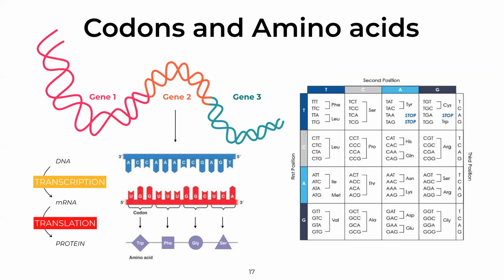So for instance, if you have a TTT, so 3 thymines together, then that would be read by the ribosome as needing to code for phenylalanine. For instance, if you had AGA, so adenine, guanine, adenine, then the codon would be read as arginine, which is another amino acid.